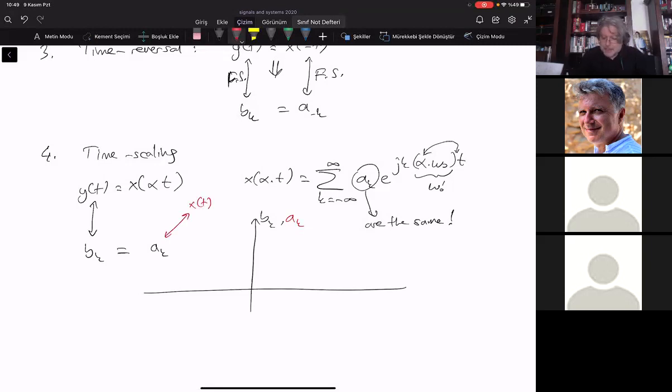They are the same in value, but their locations are different. So I'm going to plot them on the same frequency axis, for example. b_k, let's talk about b1, which was at omega 0, okay? The same version of a1 will be here.